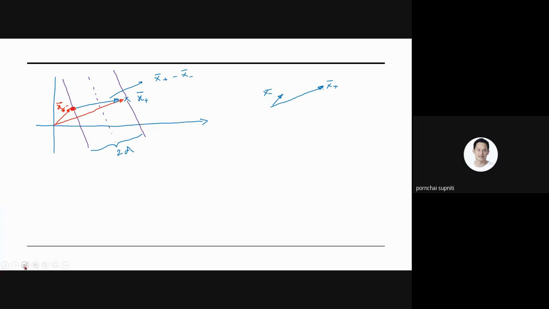Let me use the red colors. This is minus x minus.